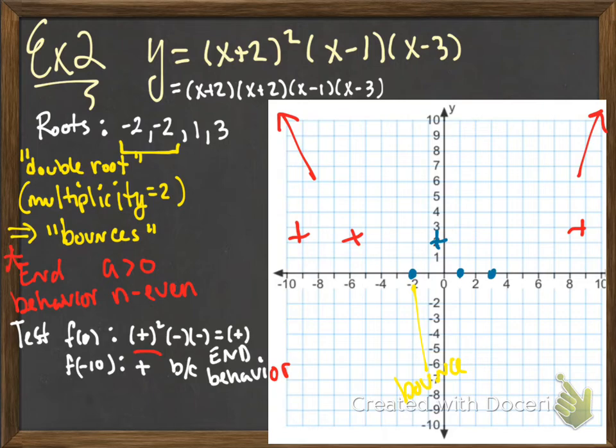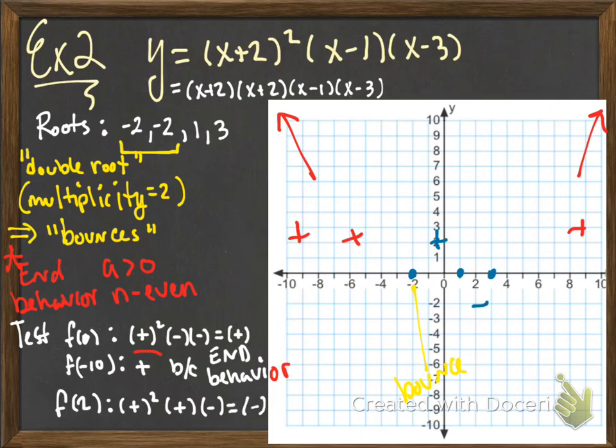And then I'm going to test a 2 to see where we are in this region here, whether we're above or below the graph. So when I plug it into the original, 2 plus 2 is a positive number, squared is a positive number. And when I plug it into the other parentheses, it gives me a positive result and a negative result.